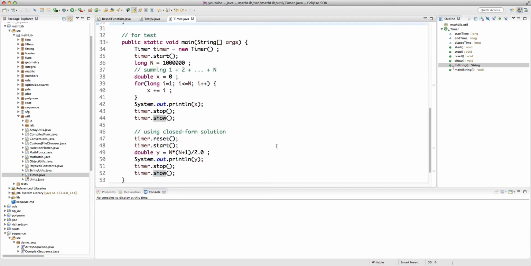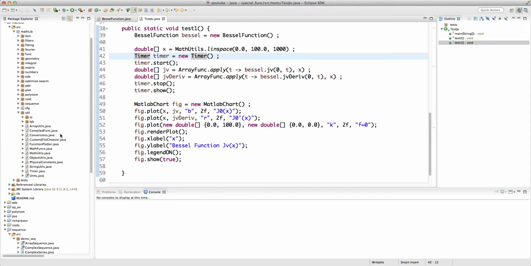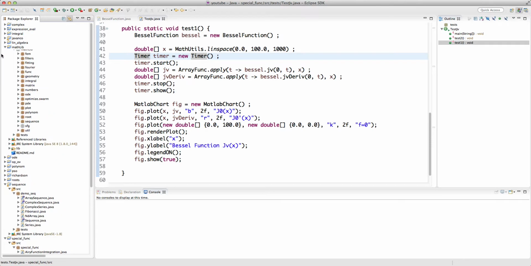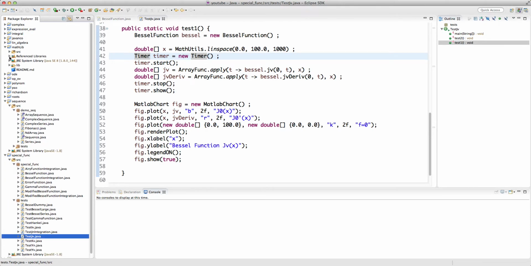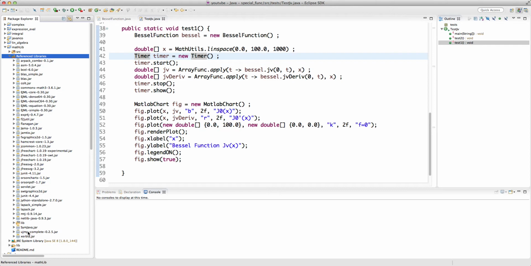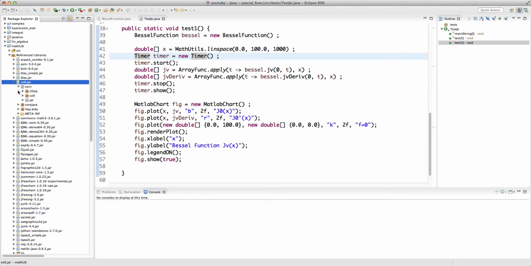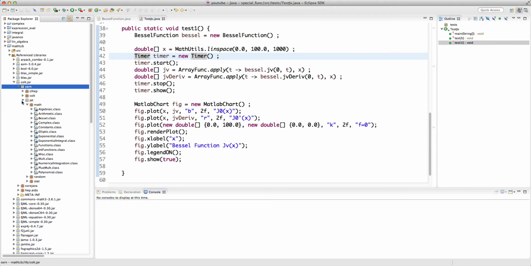All right. And then there is another timer. So if you don't want to use this, there's another timer which is very similar. If you go to the reference libraries, these are all the math libraries available out there for Java, which I have gathered here. In the colt library, there is this cern, and in the cern, there should be a timer.